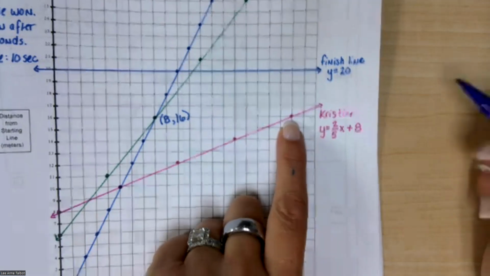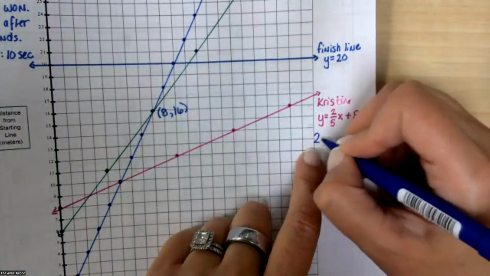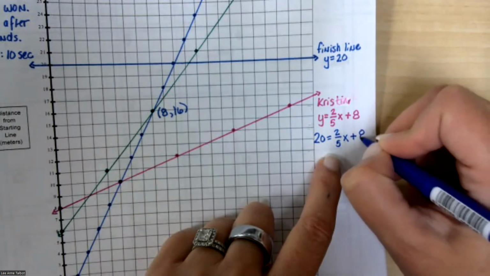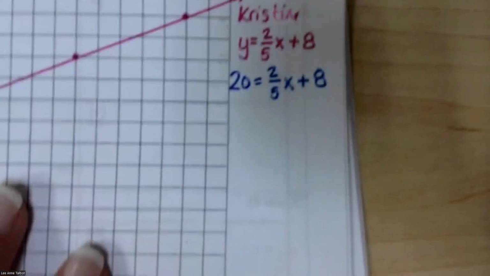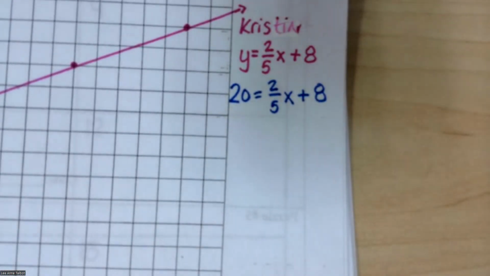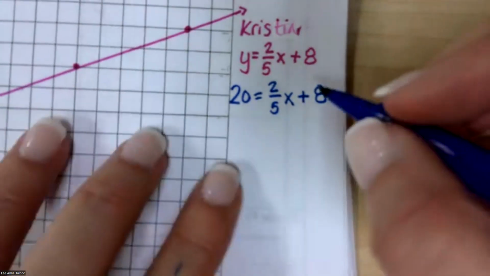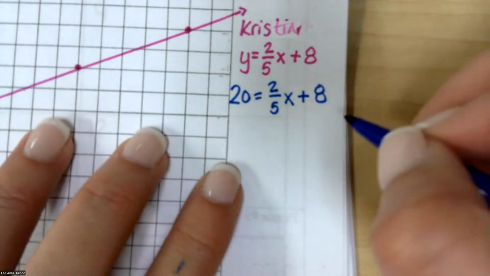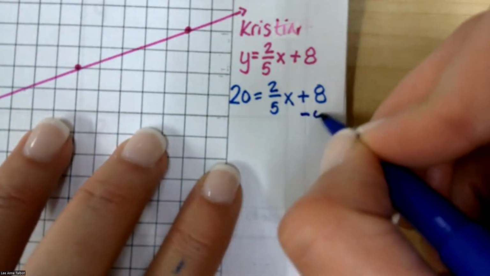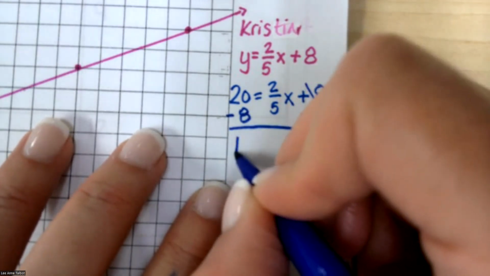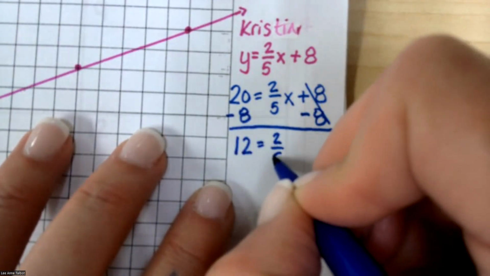Exactly. 20 equals 2 fifths x plus 8. Okay, what do I do first? Beautiful. 12 equals 2 fifths x.